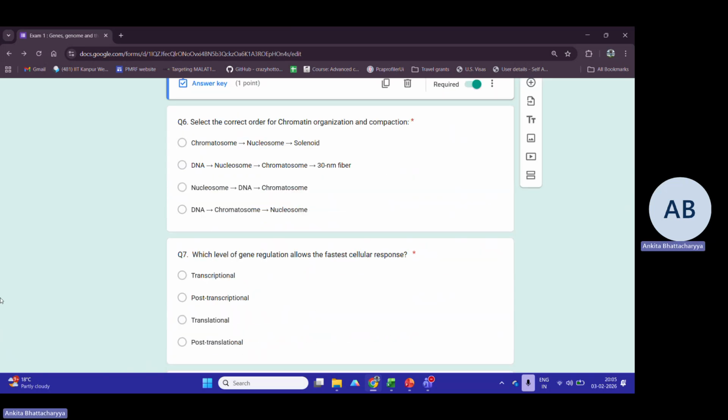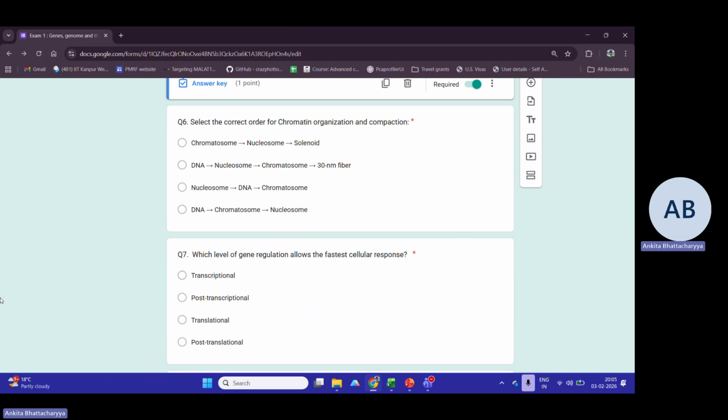Next, you have the correct order for chromatin organization and compaction. So, if you remember in our initial classes where we discussed the structure of DNA, we had discussed that your initial linear DNA forms nucleosomes, which then form chromatosomes. And the nucleosome is formed by the histone proteins, histone H2A, H2B, H3, and H4. And after DNA wraps around it 1.75 times on an average, following that, what you have is sort of like a stopper entity.